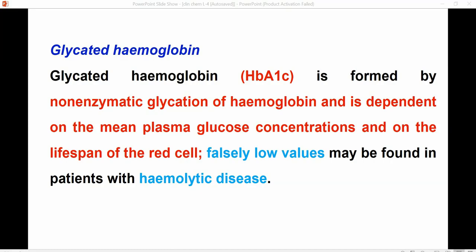However, the level of HbA1c depends on the mean plasma glucose concentration during the lifespan of the hemoglobin, which is found in the RBCs. Falsely low values could be found in patients with hematological disorders. In this condition, the time for the hemoglobin to be exposed to plasma glucose would be reduced.